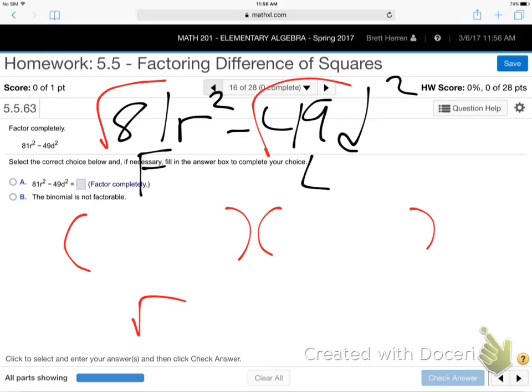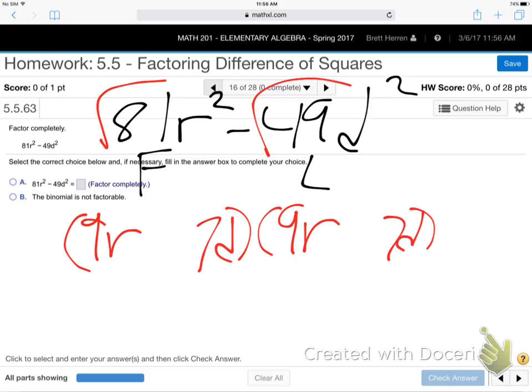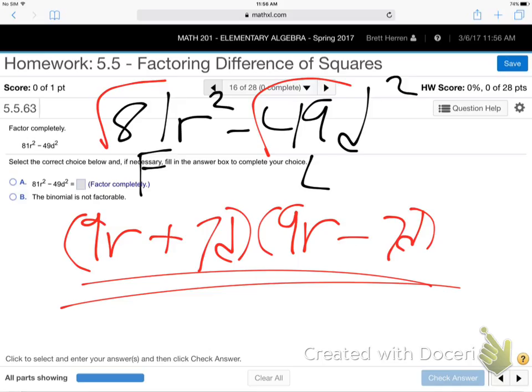The square root of 81 will be 9. The square root of 49 will be 7. It'll tell you what times itself makes those numbers. So 9r, 9r, front times front. And then 7d, 7d. 1 plus, 1 minus, either order. There we go.